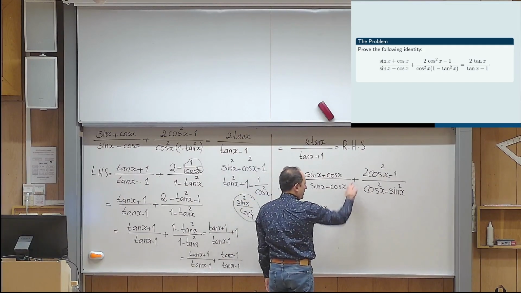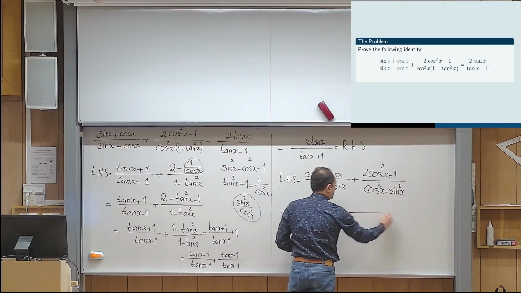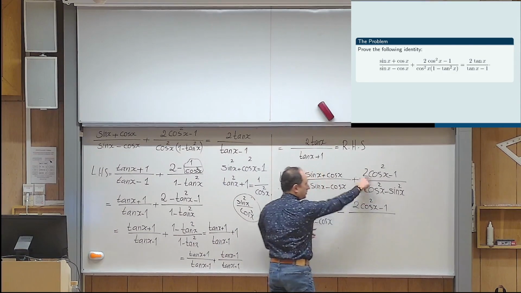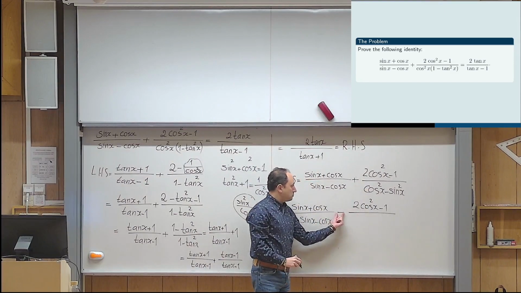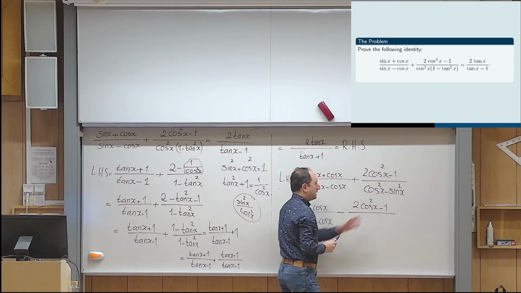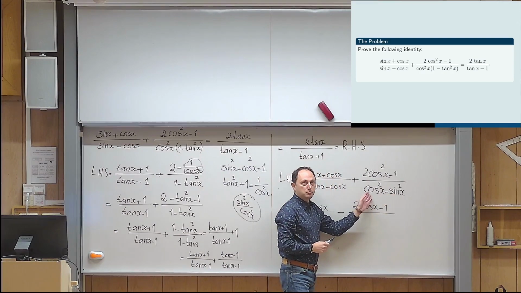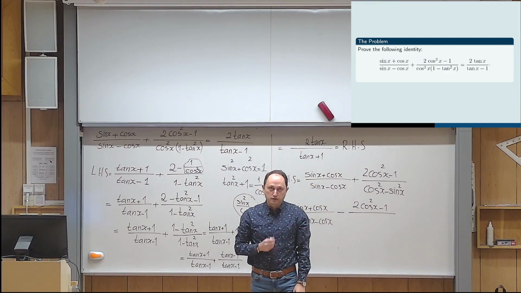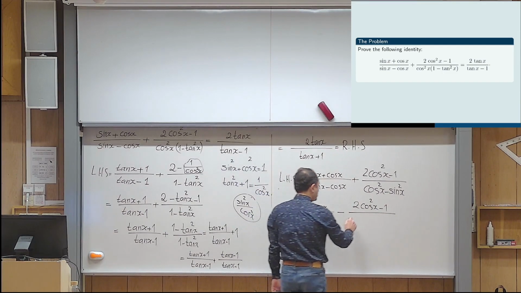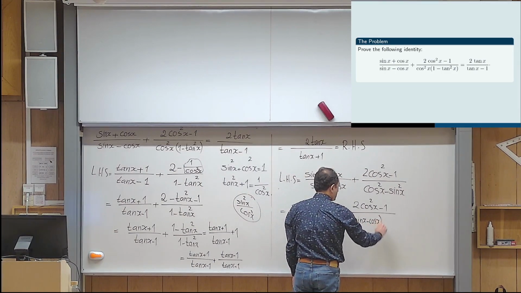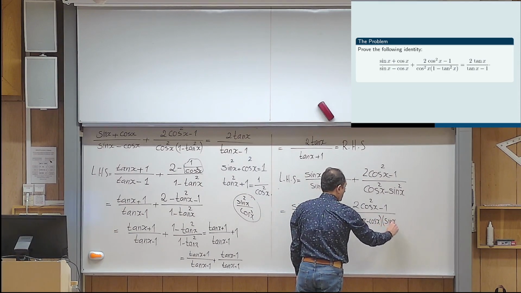And then instead of writing plus, I write minus 2 cosine x squared minus 1. I copied and pasted the numerator. But this minus sign that I pulled out will swap these two terms. And then sine x squared comes first, minus cosine x squared. But then I can use the conjugate rule to factorize it. So I factorize it as sine x minus cosine x times sine x plus cosine x.